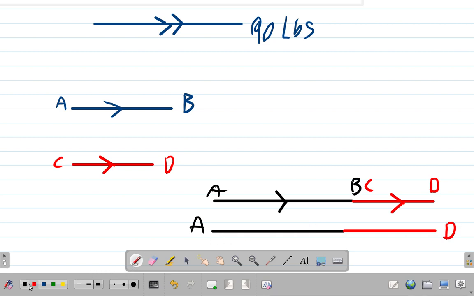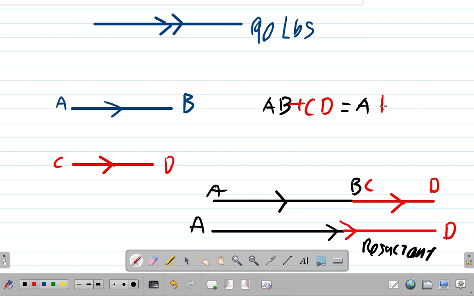Remember, it points in this direction. This is the resultant of these two other vectors. So therefore AB plus CD is equal to AD.